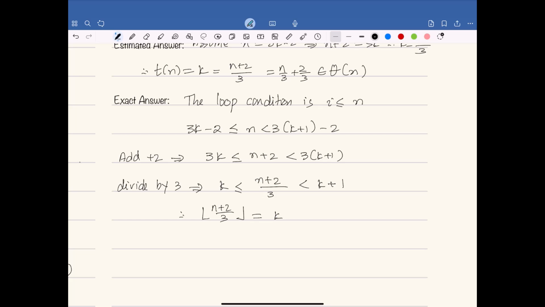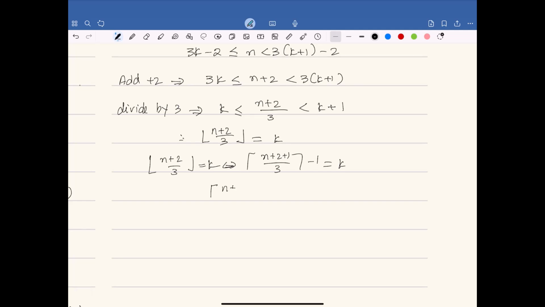Now by converting the floor into ceiling using the transformation formula, we will say that floor of n plus 2 over 3 equal to k is equivalent to ceiling of n plus 2 plus 1 over 3, minus 1, is equal to k. So we have ceiling of n plus 3 over 3 is equal to k plus 1, by taking minus 1 to the other side.